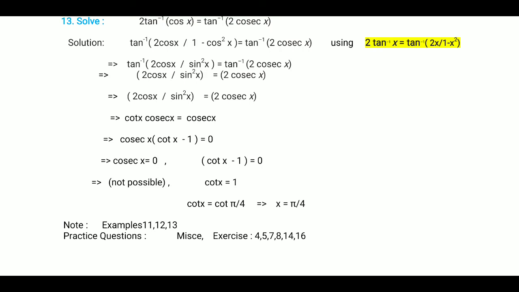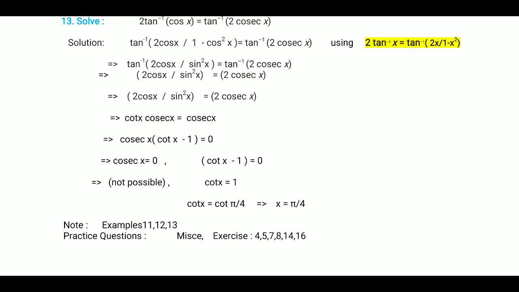But cos x cannot be 0, it is not possible. So we get cot x minus 1 is equal to 0, that gives cot x is equal to 1. So cot x is equal to cot pi by 4, as we know that 1 is the value of cot pi by 4. Thus we get x is equal to pi by 4.